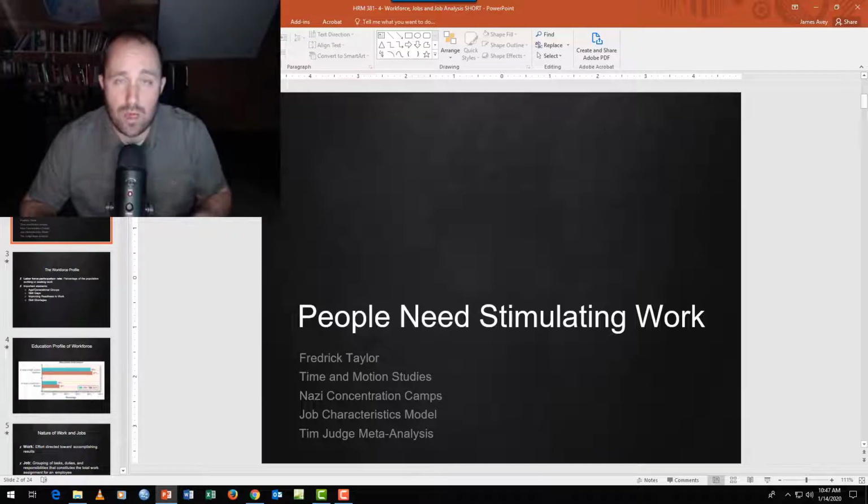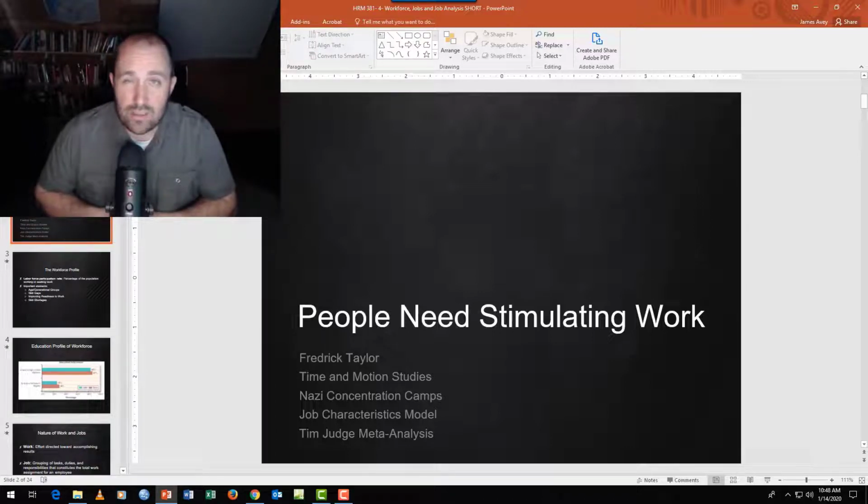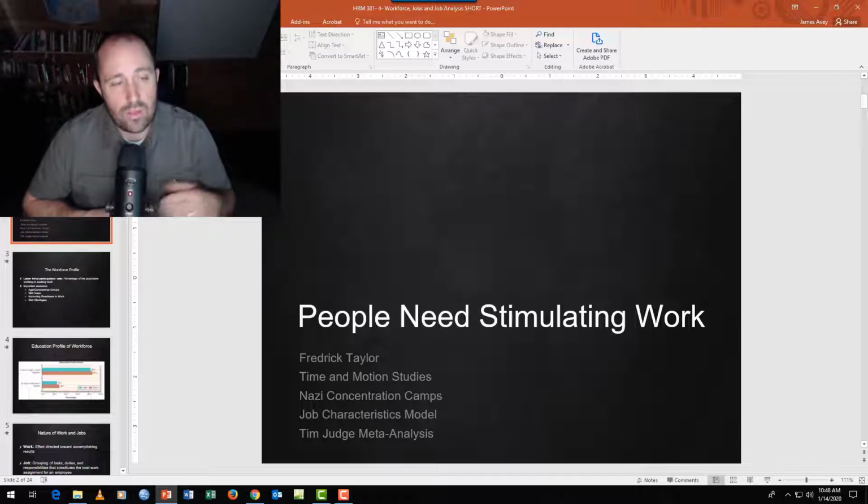The job characteristics model, which we'll look at today, came out in the late 60s, early 70s. It said there are 5 characteristics to jobs at least, and the more complex you make the job, the better people generally do, and certainly the better they enjoy it. Then the big one on this was a guy named Tim Judge. He did a meta-analysis, basically a really big study over a long period of time, and found the number one predictor of job satisfaction, which is pretty simple: do you like your job?